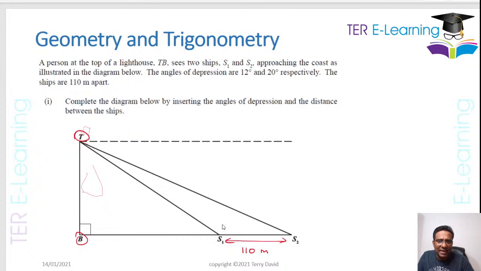So the angles of depression are, so one angle of depression will be here and one is going to be here, right? So in the case of S1, we're talking about 12 degrees. So this here represents 12 degrees and this whole angle here represents 20 degrees, right? So that's what we have. They said copy and complete the diagram by inserting the angles of depression. So that's what they want here. They probably give you like 2 marks for that.